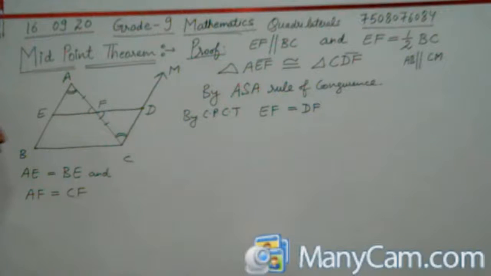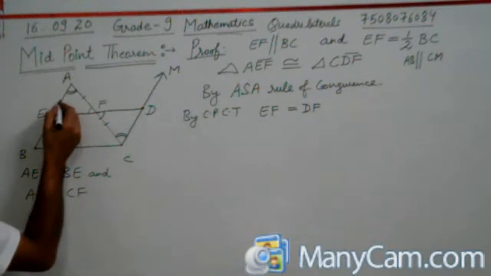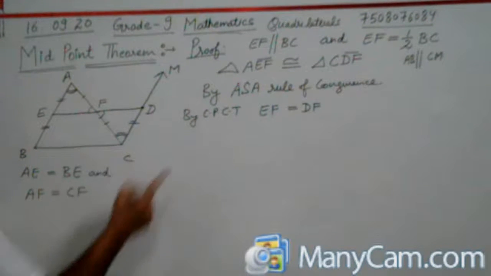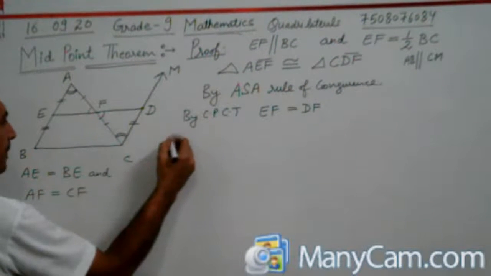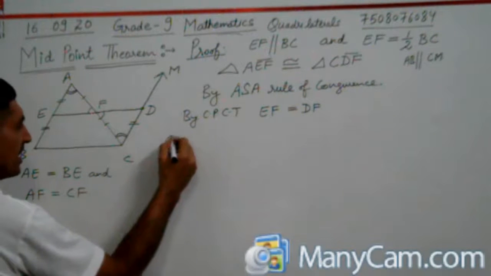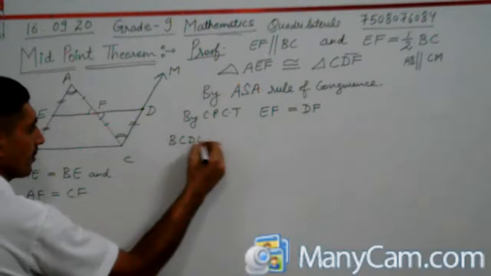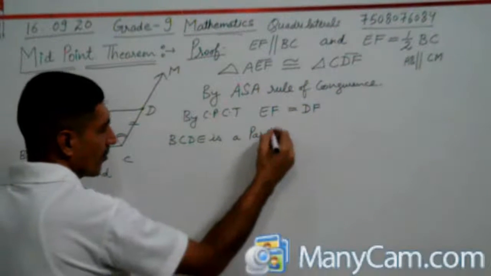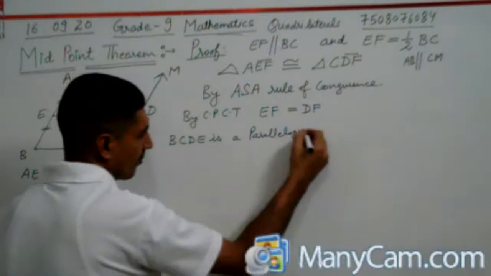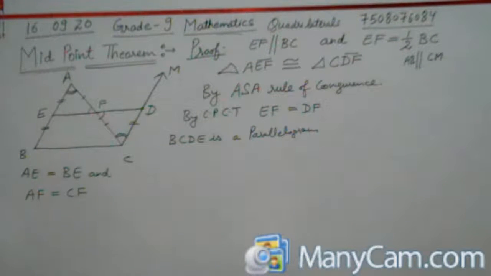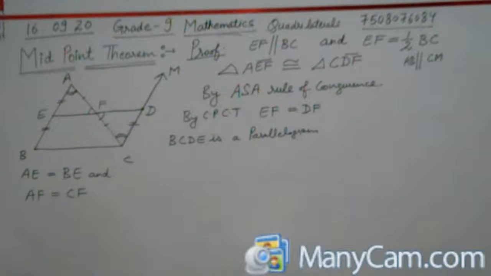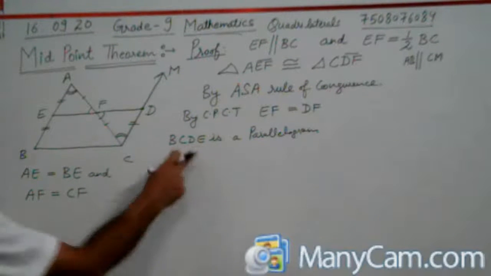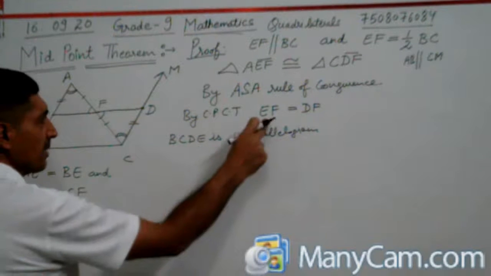EBCD is a parallelogram, because already this is half of it. So we know that already. Why is it a parallelogram?